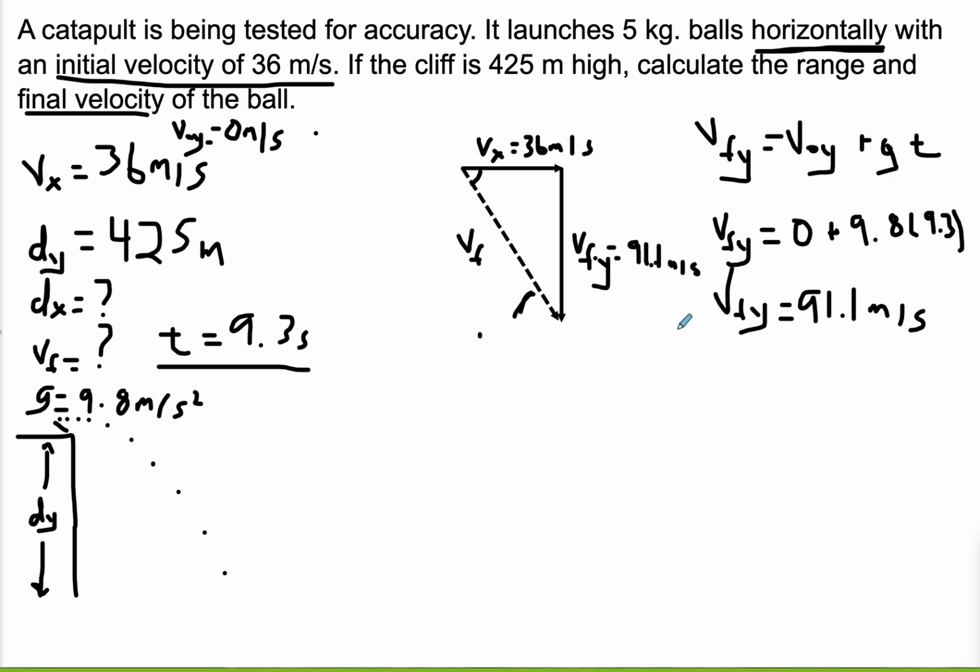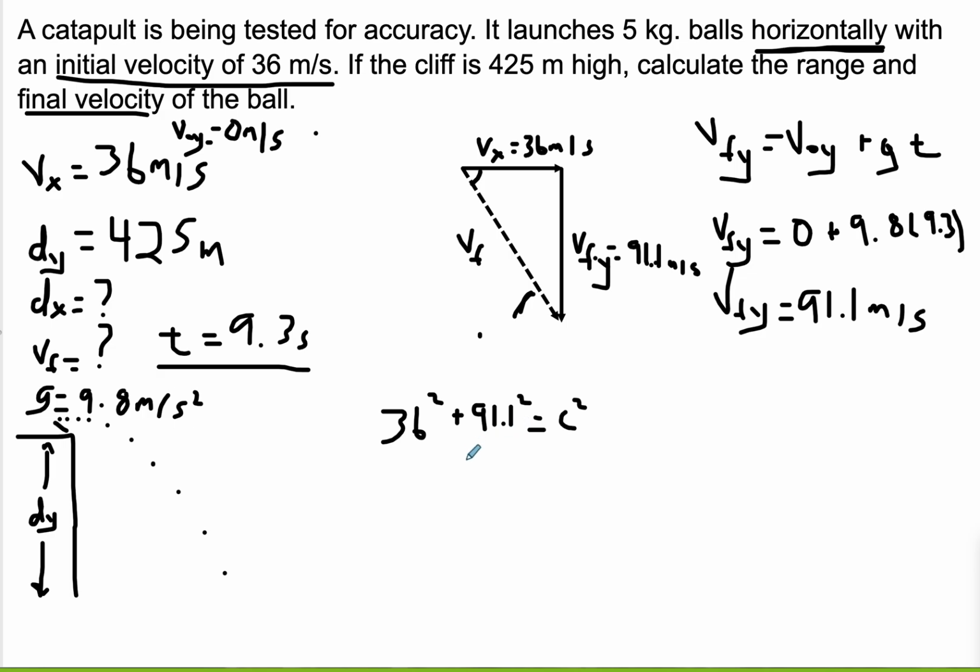Okay. So I know the speed in the x direction, I know the speed in the y direction, so I could figure out what the actual speed is by finding this hypotenuse. So that would be 36 squared plus 91.1 squared equals c squared.